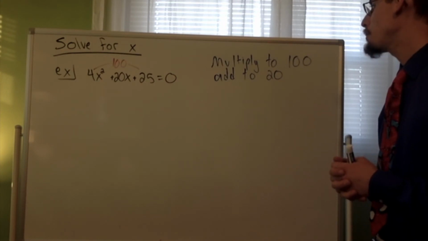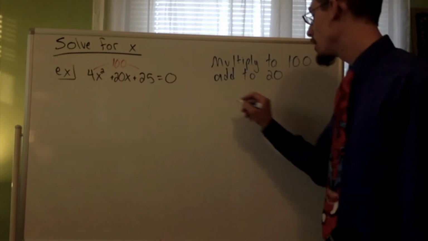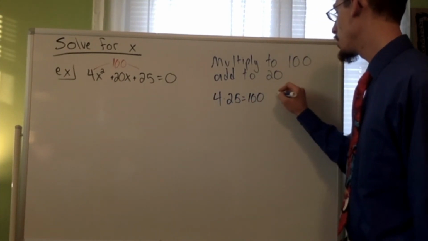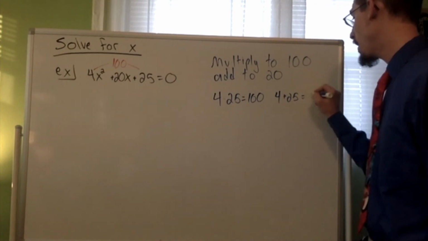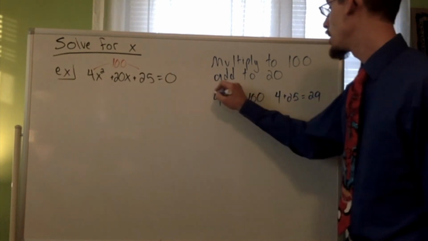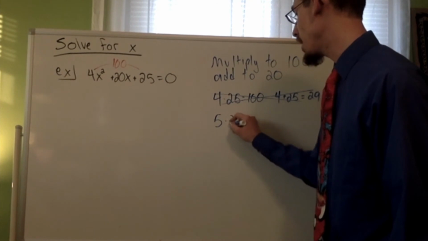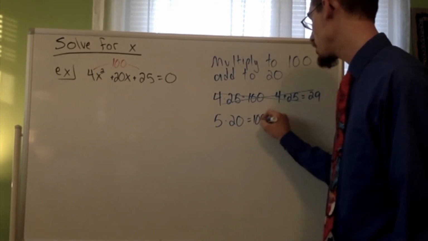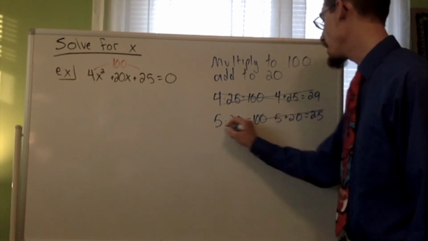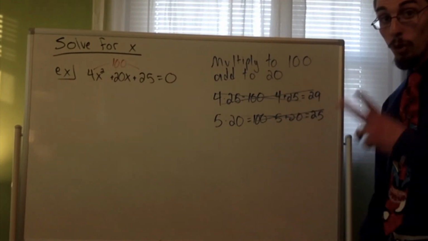So I need to think about all the different ways I can multiply two numbers to get 100, right? 4 times 25 equals 100, but 4 plus 25 equals 29. So that's not going to work, right? I could do 5 times 20, that equals 100, but 5 plus 20 equals 25. Also not going to work. I don't want to add to 25, I want to add to 20.